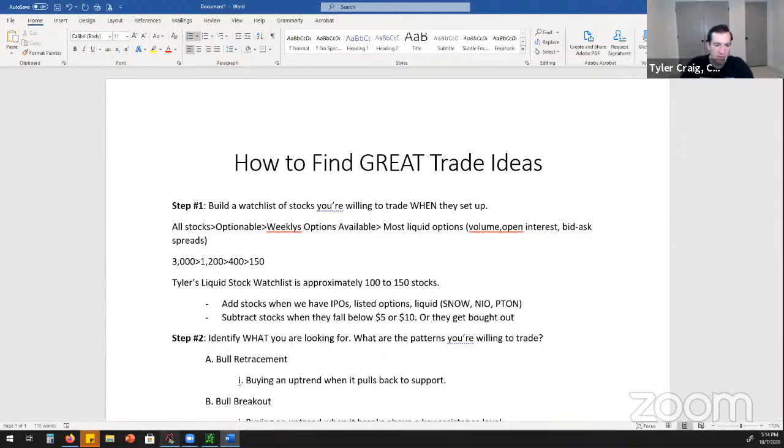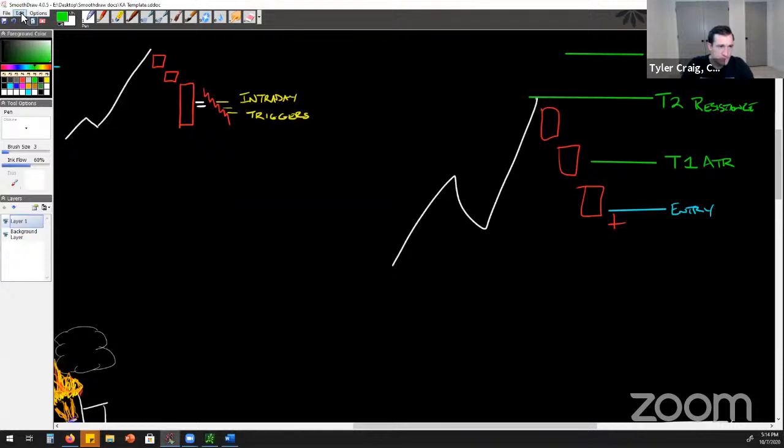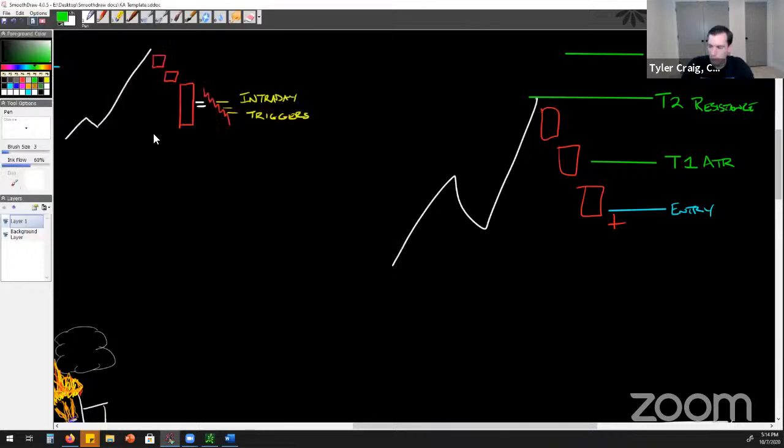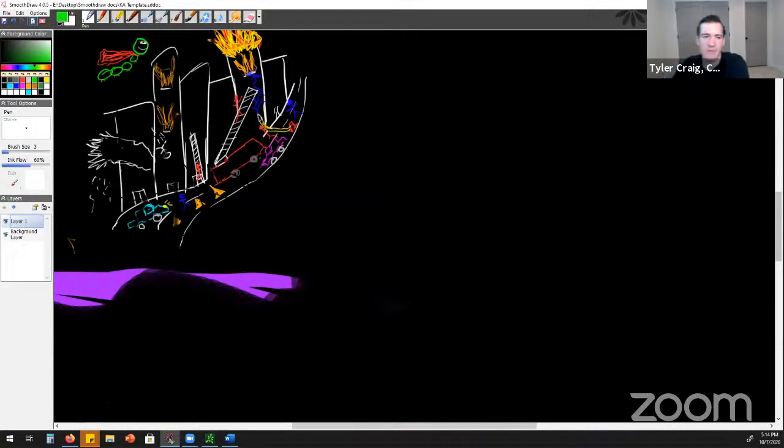So, the patterns that I'm looking for. I'm going to refresh my screen here, because you want to have in your mind's eye what you're looking for. I don't want to go through my entire watch list manually and take 20 minutes looking at each chart, figuring out, do I like this chart?